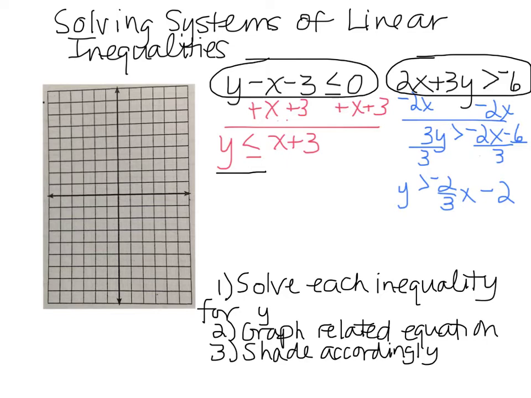So I've made the first inequality in red. I think you all know how to solve for y, so I'm not going to go through that. To graph the related equation would be to graph y equals x plus 3. So I begin up at 3, and from there I'm going to go up 1 over 1, up 1 over 1.